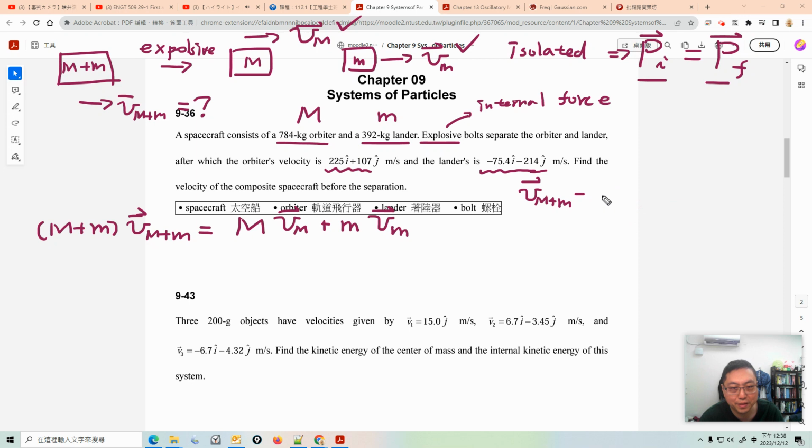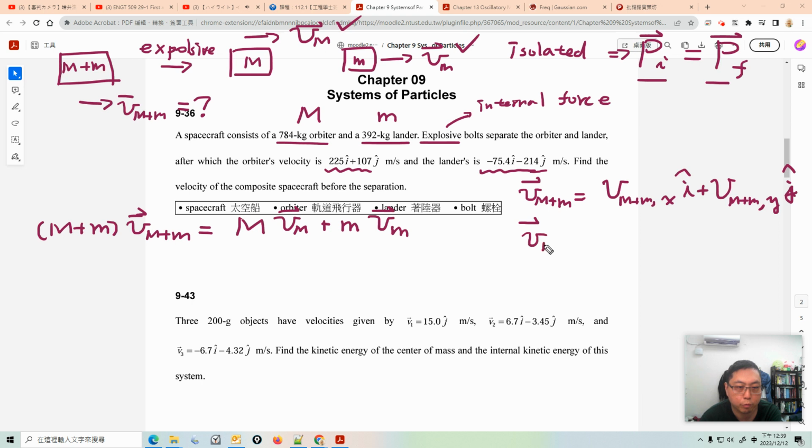V for M plus m equals its x component times i plus its y component times j.